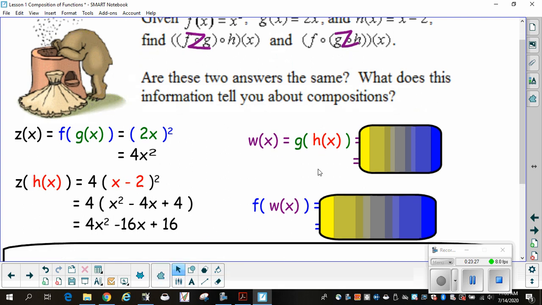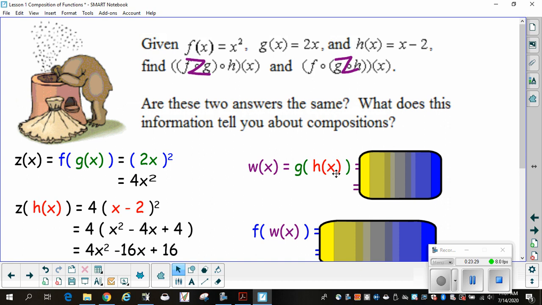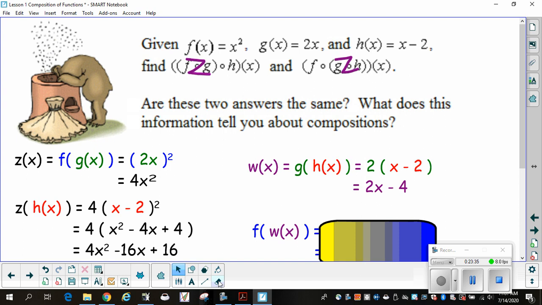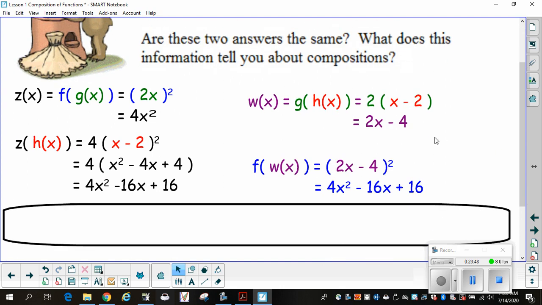Over here, I'm going to do the g of h of x first. Now, this is going to go into f. So I'm going to take this and plug it into the x squared, which means I'm going to have to FOIL again.